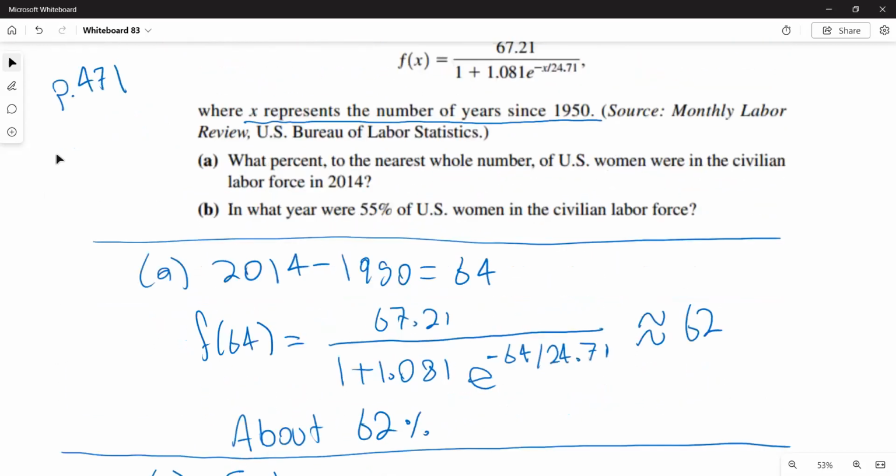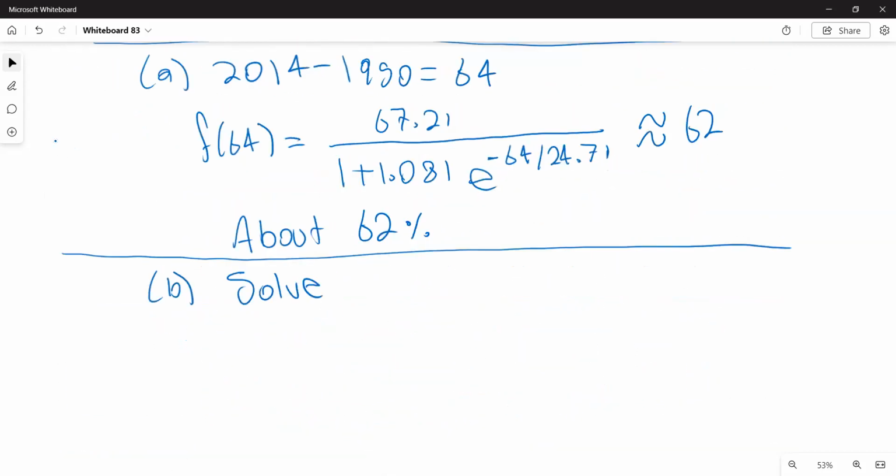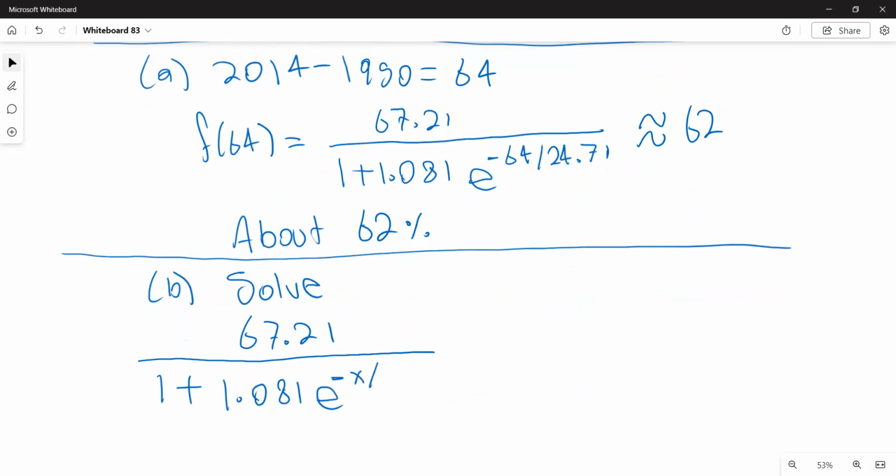So that's 67.21 over 1 plus 1.081 e to the opposite of x over 24.71 equal to 55.